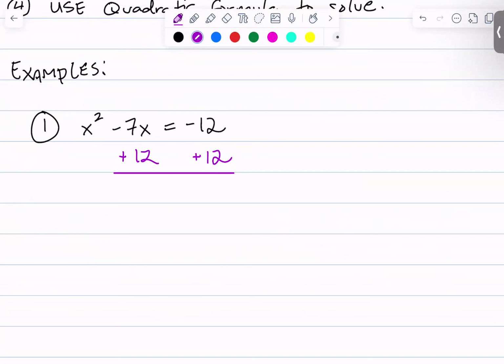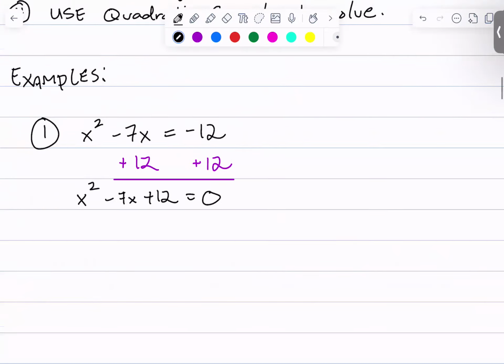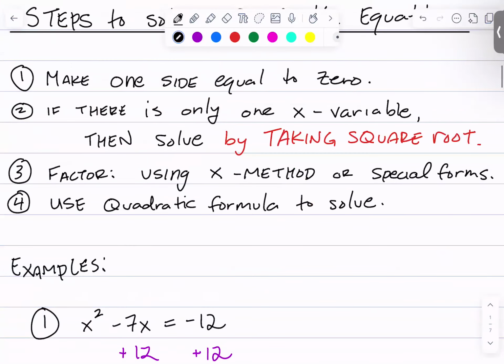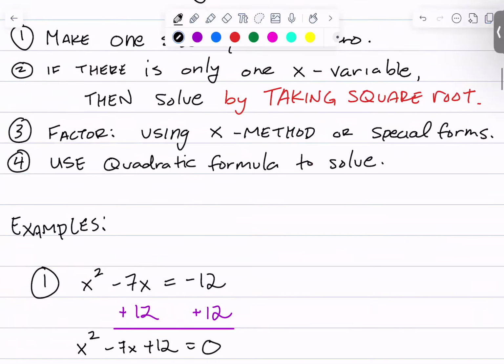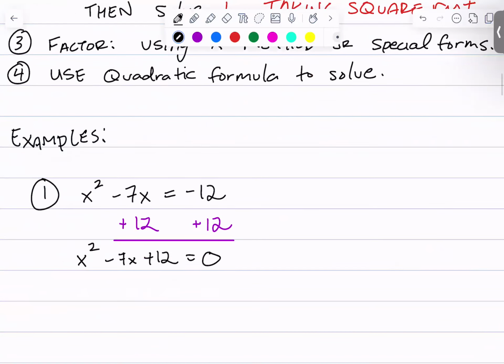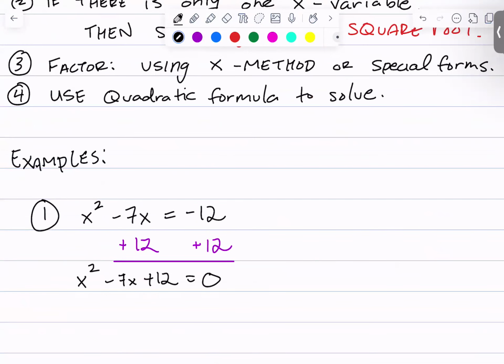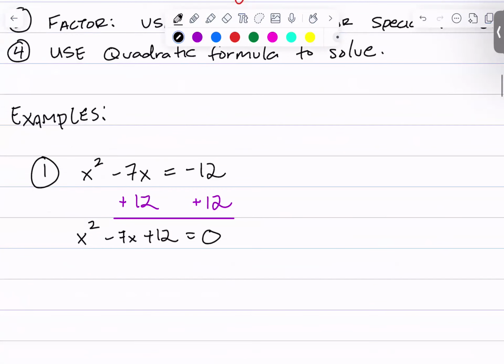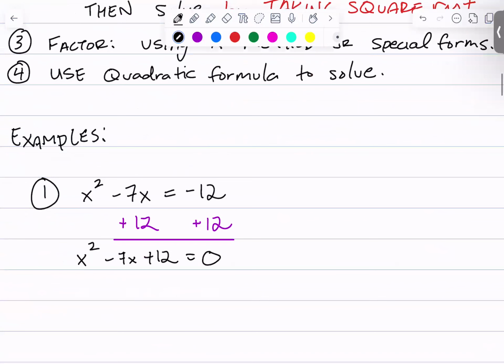Once we do that, it's going to be x squared minus 7x plus 12 equals 0, right? And once one side equals 0, now we see 2 x variables, so we cannot take the square root. So we're going to find special forms, and solve this using factoring.